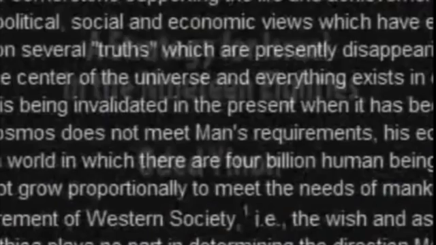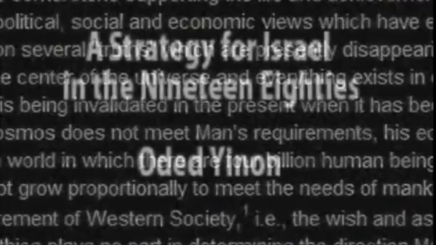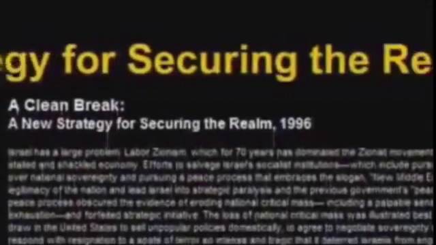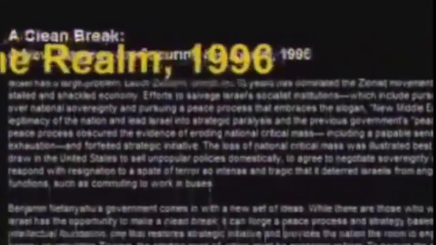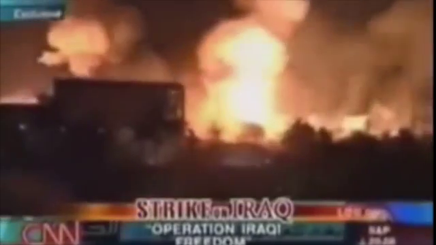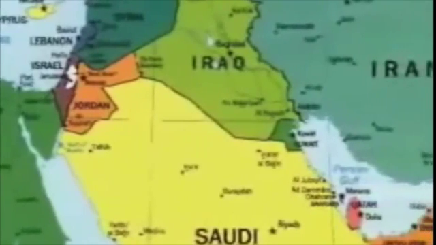I just want to point out that in both Yinon's study and A Clean Break, there was an emphasis on attacking Iraq first, that Iraq was a key geostrategic location for Israel to destabilize all of its enemies in the Middle East.